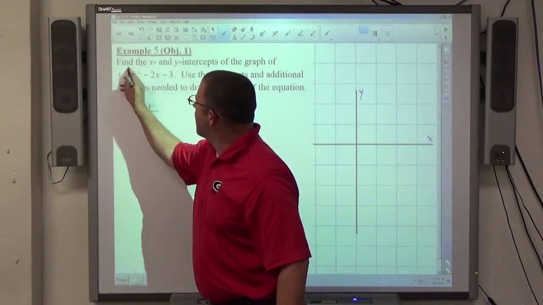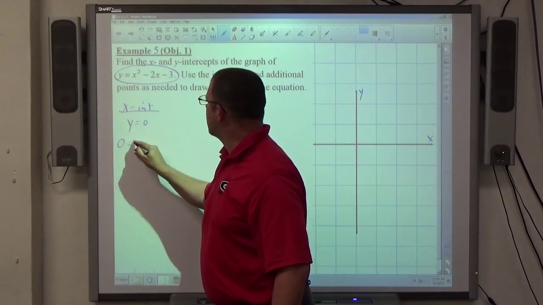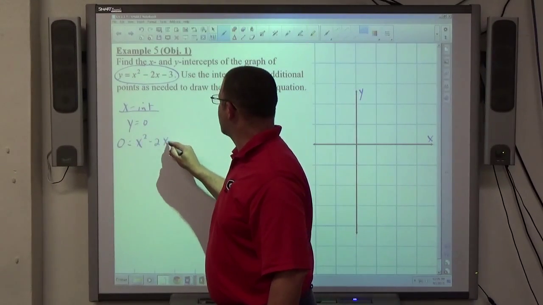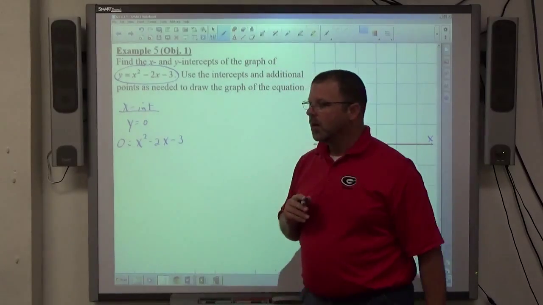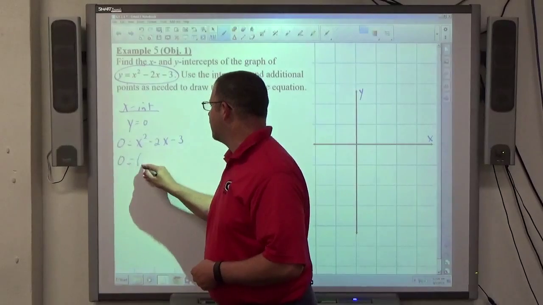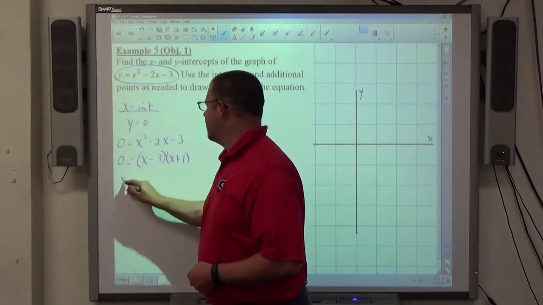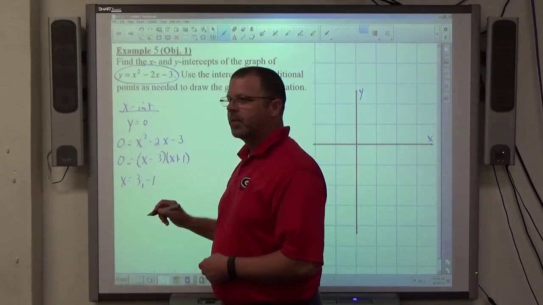So in general, whatever intercept you're trying to find, let the other letter equal 0, and then work it out. If this is my equation, I'm letting y equal 0, so I'm going to end up with 0 equals x squared minus 2x minus 3. I can do the quadratic formula, I can factor, take your pick. Factoring is easy enough on this one: x minus 3 times x plus 1, which means x equals 3 or negative 1.